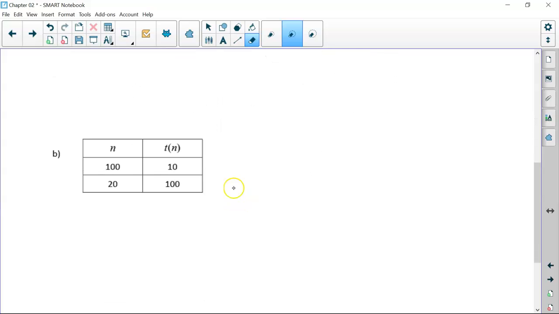Last one. All we're given is 2 points. We're going to find the slope. Remember, our points are 10, 100 and 20, 10. So it's going to be 100 minus 10 over 20 minus 100.